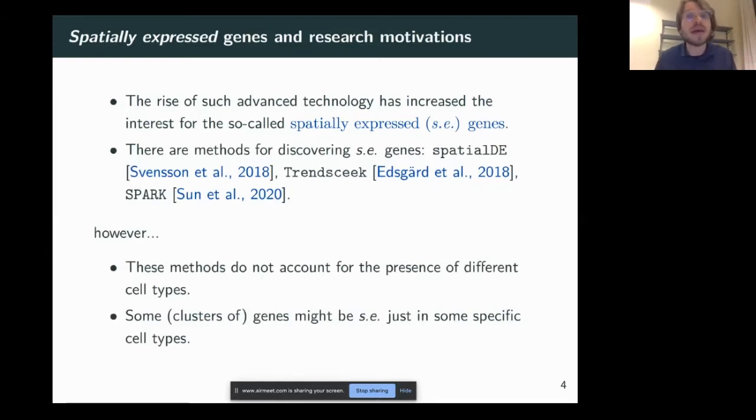First of all, these methods do not account for the presence of multiple types of cells. And second, some genes or clusters of genes might be spatially expressed just in some specific cell types. So we want to put all these things into a statistical model in order to evaluate these aspects.